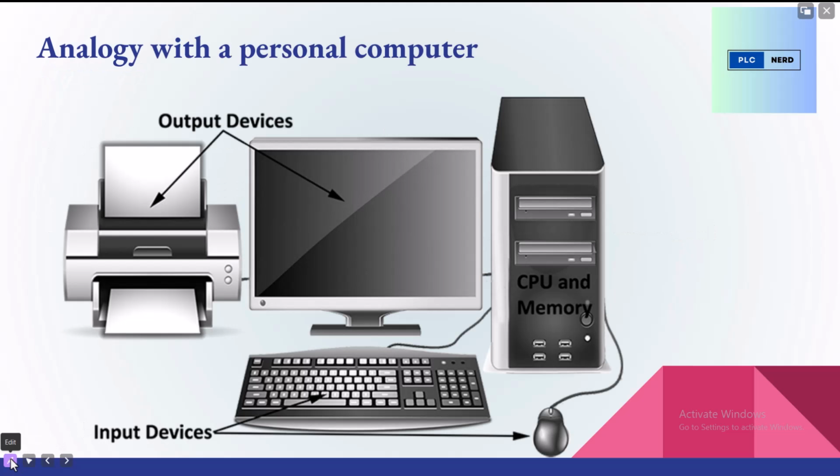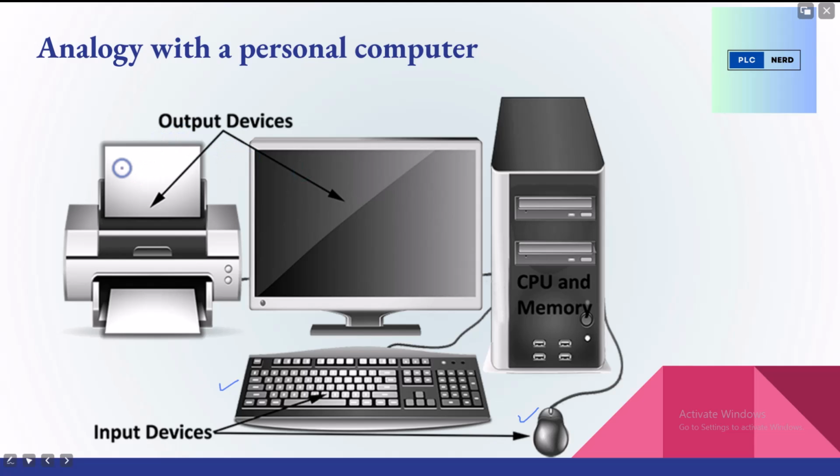So let's make an analogy with a personal computer. In a typical personal computer, we have some input devices like a keyboard and a mouse. All these input devices send data to the CPU and memory.